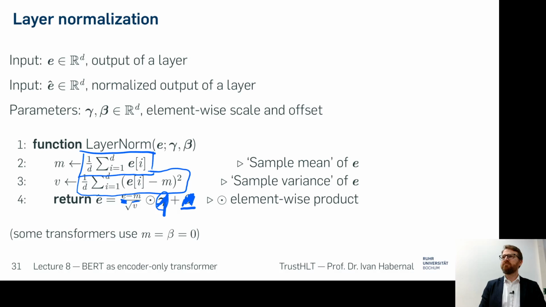Does it make sense? Why is it good? Why should we do that? Any idea? We put it into a fixed range in a way. Why should it be important? I guess the reason is actually numerical stability, for one reason or another.